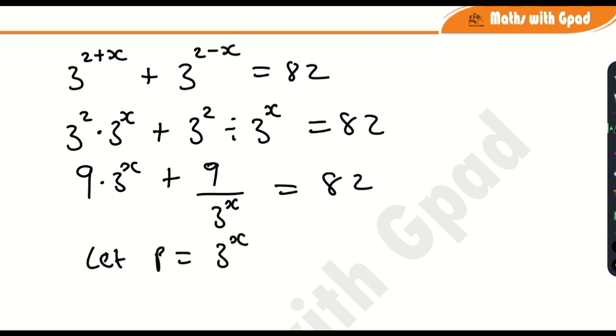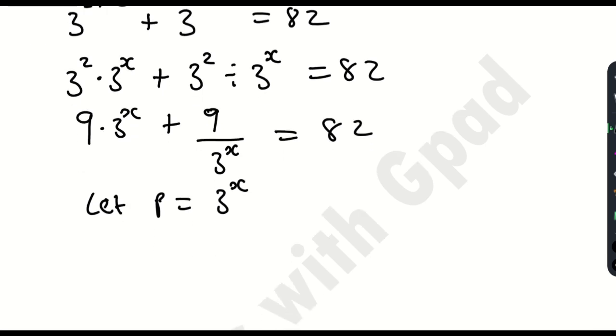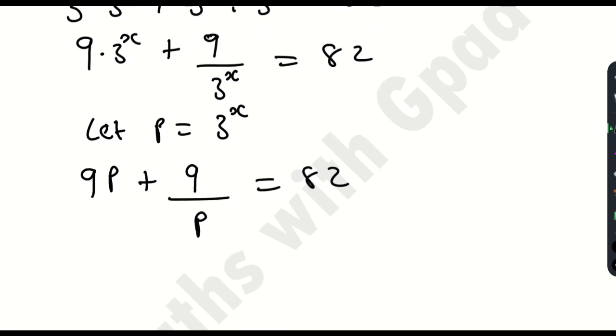So it's going to be 9p plus 9 over p, because 3 raised to the power x is now p, and this is equal to 82.